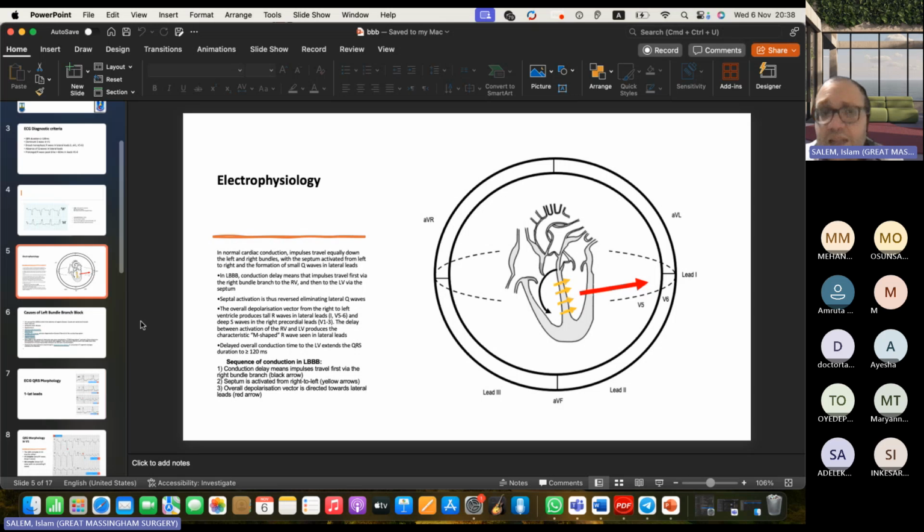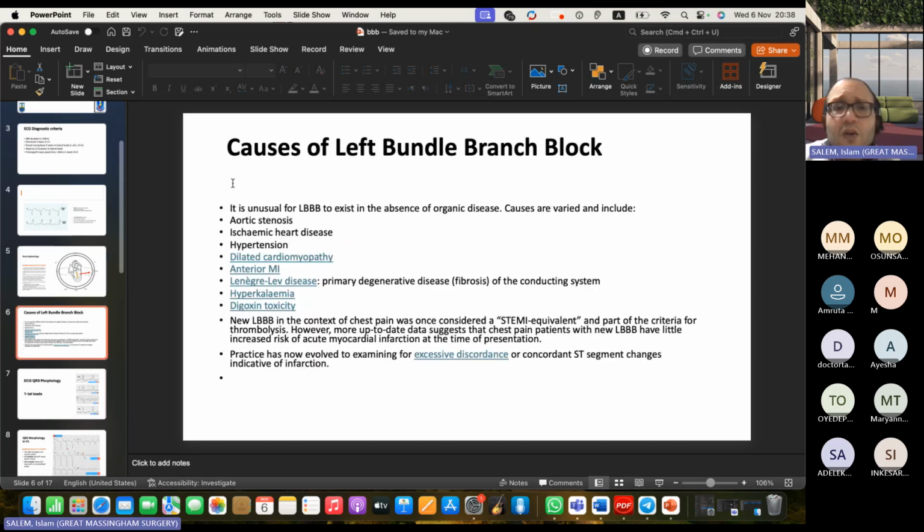However, if you cannot make sense of it scientifically, you just need to know the criteria of left bundle branch block. It is rare to have a left bundle branch block that is normal. Left bundle branch block means there is an underlying pathology.